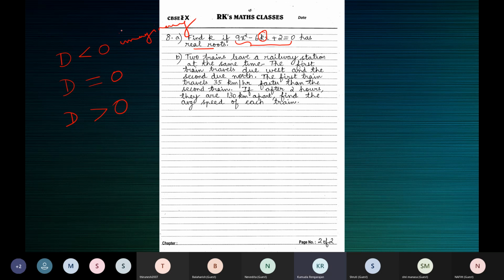See, how can we classify the values D can take? D can take any value less than 0, that is negative. D can take any value greater than 0, positive, or D can be equal to 0.